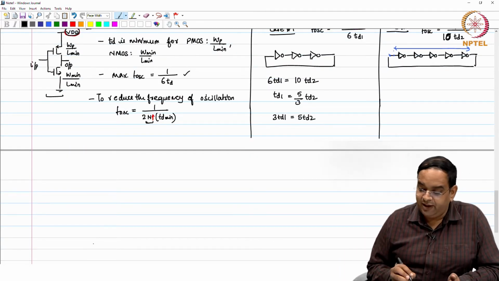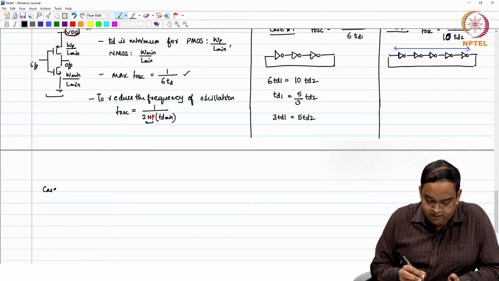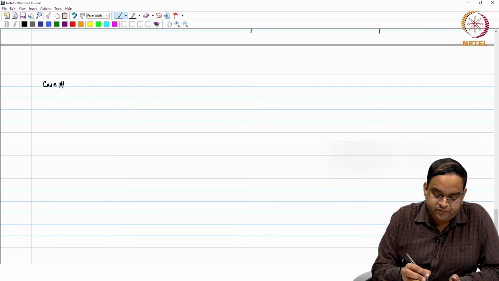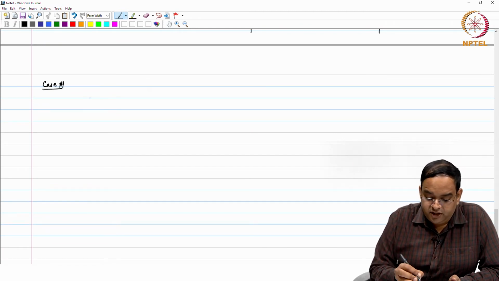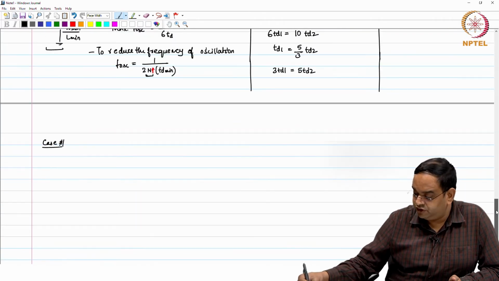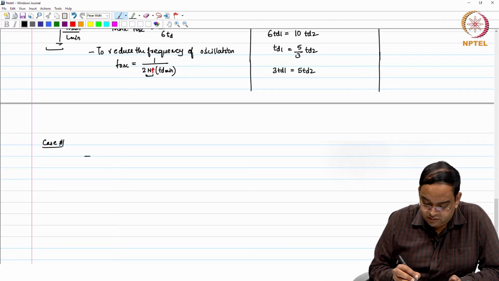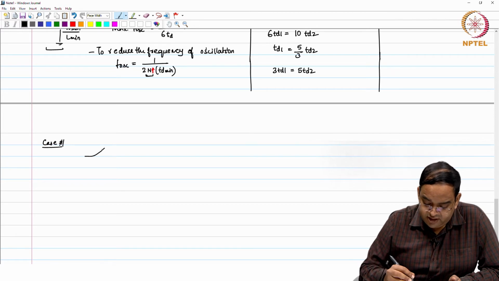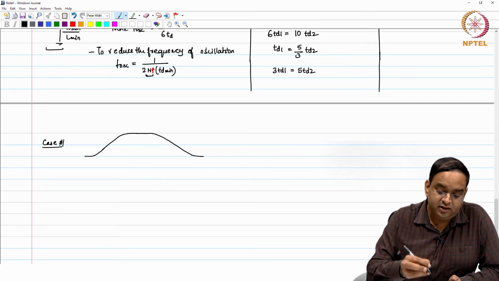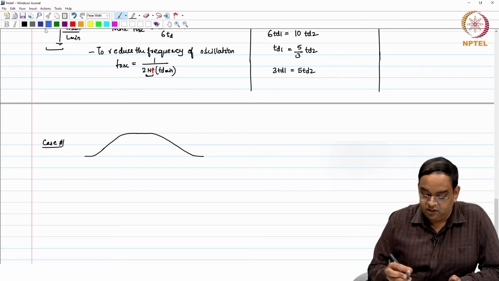So, what is going to happen is, in case 1, you will see that the clock waveforms which you realize will have more rise and fall time. So, let us say this is what you get in case of case 1.